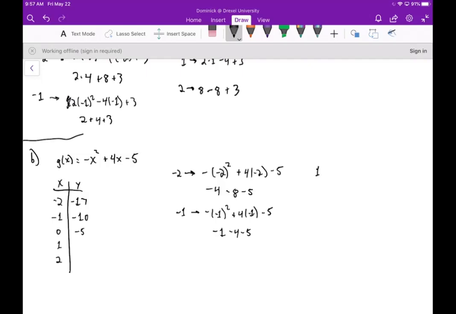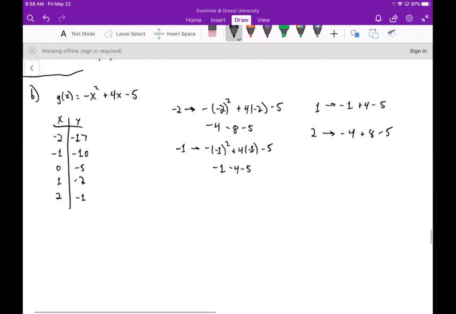If you plug in 1, you're going to end up with -1 plus 4 minus 5. So that's going to give us a -2. And when we plug in a 2, we're going to get a -4 plus 8 minus 5. So that's going to give us a -1, it looks like.